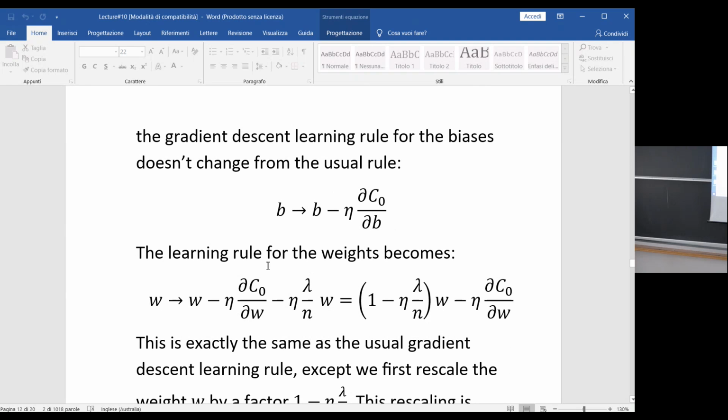But the learning rule for the weights contains some correction terms, and these correction terms are very important for overtraining procedures.